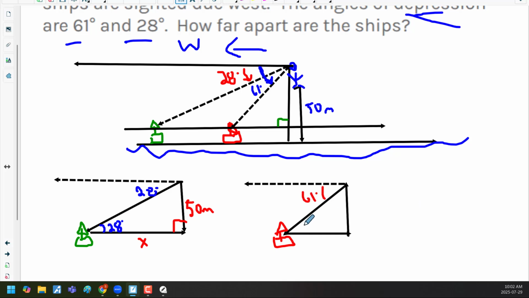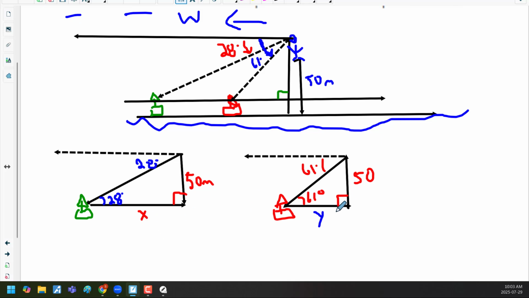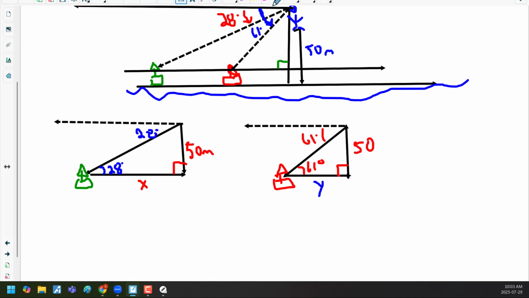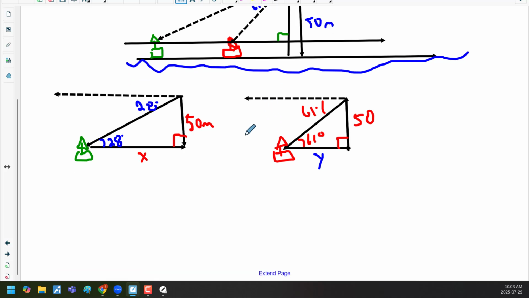I'll give you a hint, that angle that's there is also the angle that's here, inside the triangle. This is the right angle. This is 50, the height doesn't change because you're the same person. And now let's call this distance y. So we're just figuring out x and y, and we're figuring out how far the ships are apart. So let's quickly do this.